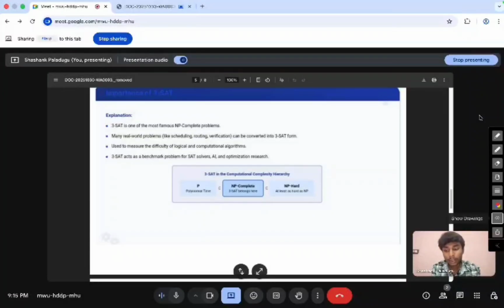Modern SAT solvers used in AI depend heavily on 3-SAT problems. Am I clear about the importance of 3-SAT? Why is 3-SAT important? Because many real world problems can be converted into 3-SAT and it helps measure algorithm complexity.